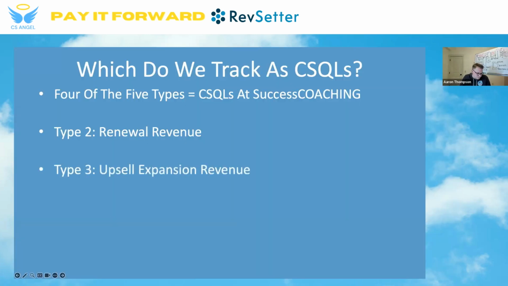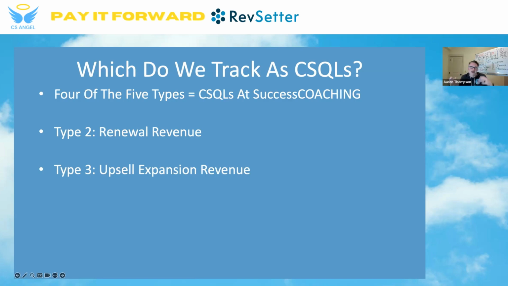The next one, upsell expansion. If they're going to buy more of the same thing, we know that customer success had an impact on that. And again, to what ratio, it's going to depend on your business. If it's only CSMs that work with them in the post-sale world, then they had 100% of the impact.